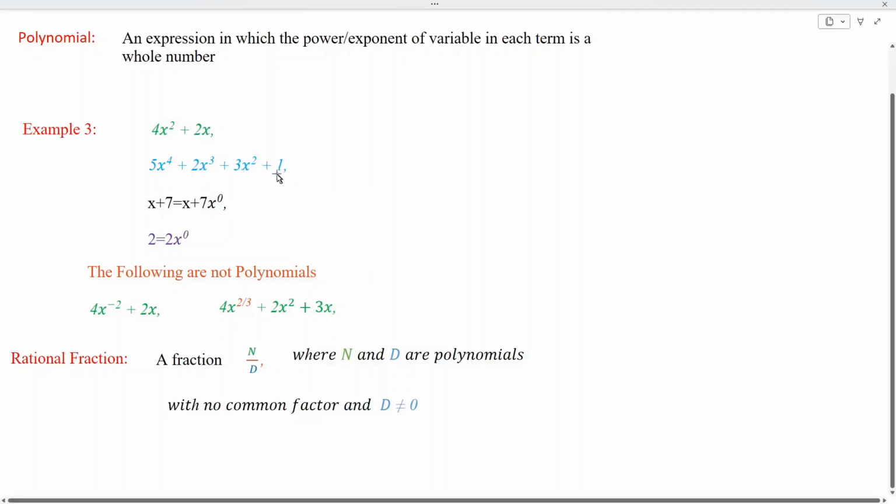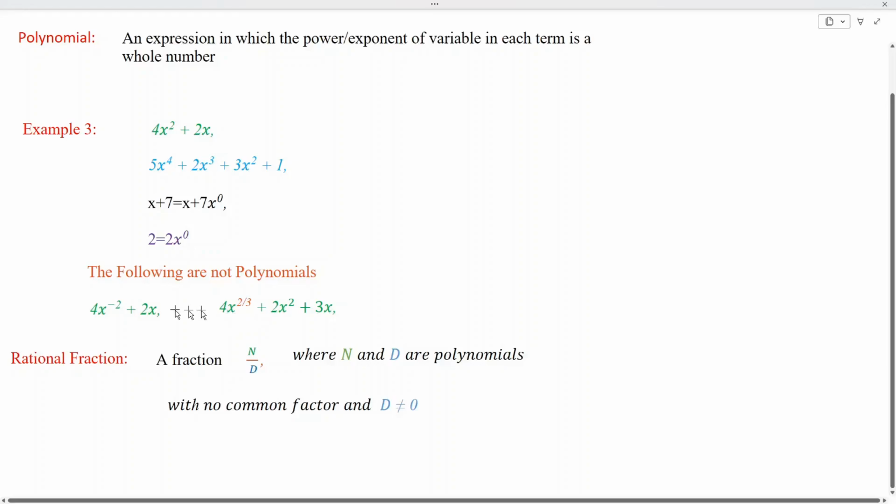One can be written as x power 0 because x power 0 is 1 and 0 is a whole number. So this is a polynomial. Similarly, x plus 7 is a polynomial because this is equal to x plus 7 x power 0. 2 is also a polynomial because it can be written as 2 into x power 0. Here the variable is x and its power is 0, which is a whole number.